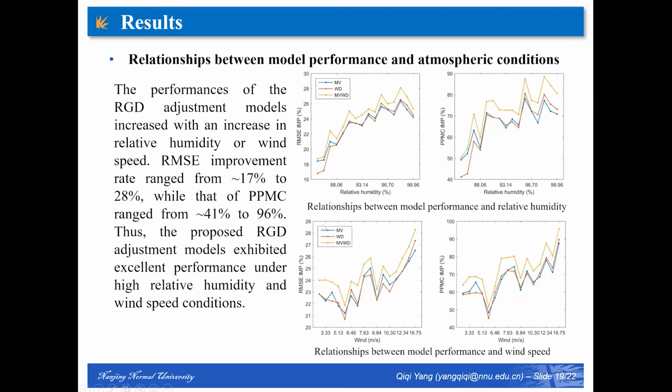The RMSE improvement rate ranged from about 17% to 28%, while that of PPMC ranged from about 41% to 96%. Therefore, the proposed RGD adjustment models showed great performance under high relative humidity and high wind speed.